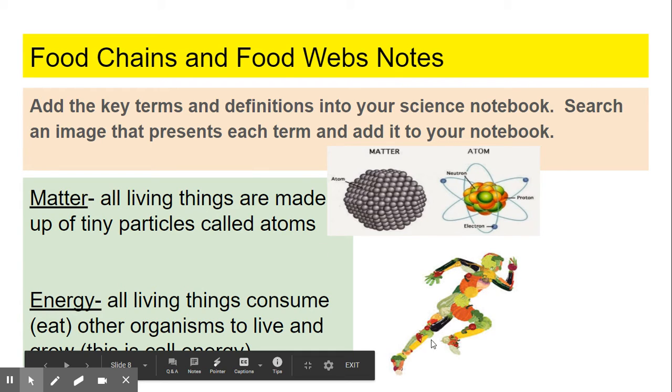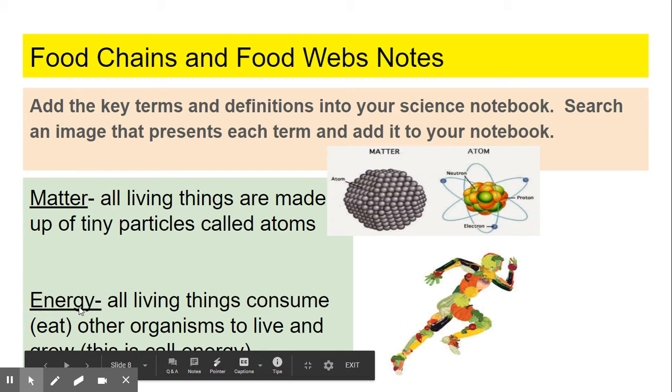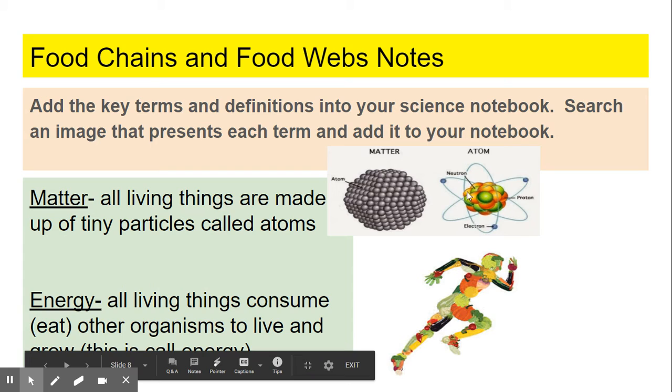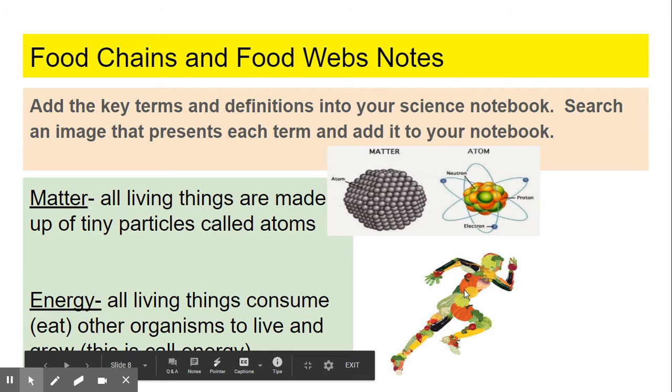And when living things eat other living things made up of matter, that matter is converted into energy for your body to live, grow, and just to be able to move around. You're more than welcome to use my pictures if you find them on the internet. So you're made up of matter, and you eat other living things for energy and for your body to survive.